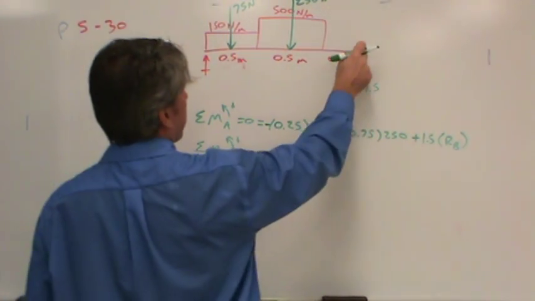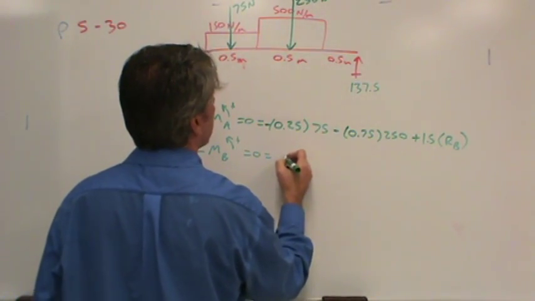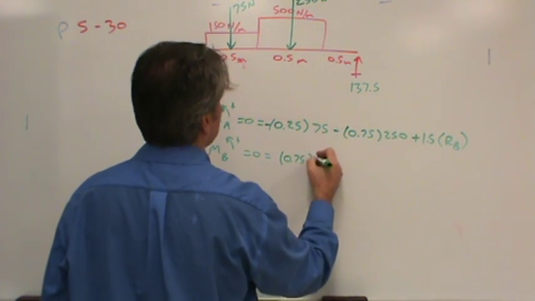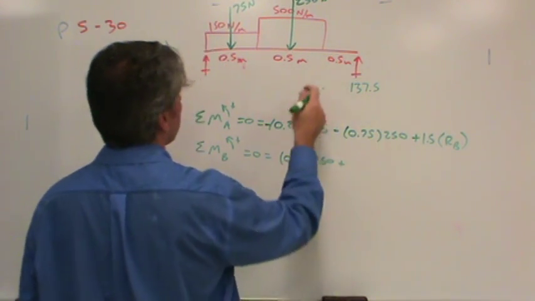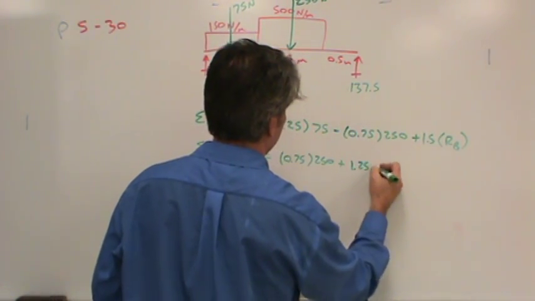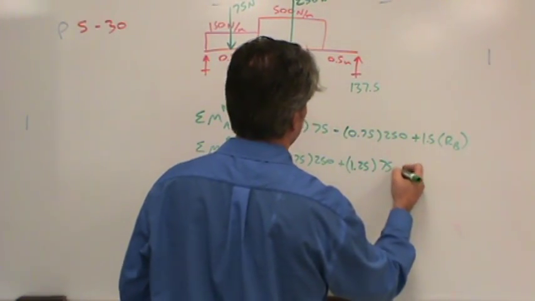Okay, summing moments at B over here, we'd have a positive, let's see, this is going to be 3/4 multiplied by 250, plus the distance from here to here would be 1.25 of a meter multiplied by 75.